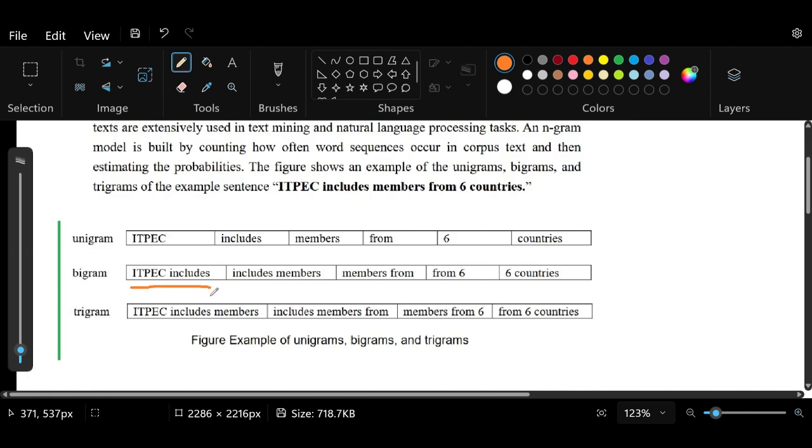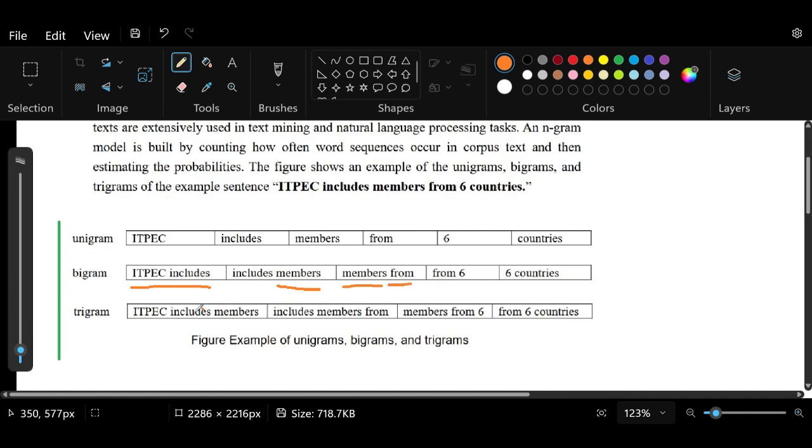IDPEC includes are the first 2 words, and then for the second slot, we use the second word in the first slot and then add a new word from the sentence. That's why it becomes includes members. And then for the third slot, we use members again, and then the next word from the sentence, which is from, and in that way we can form the bigram.